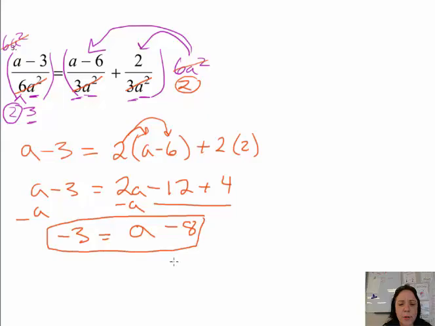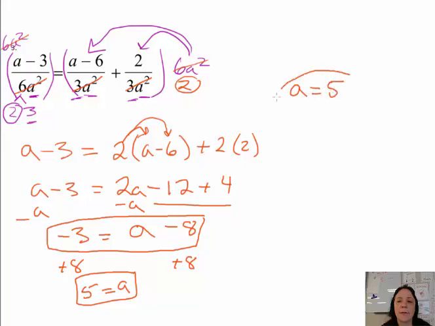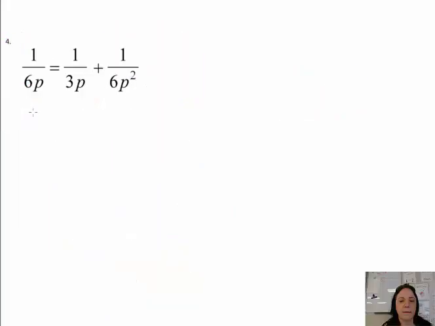So now I want to add 8 to both sides, and I'm going to get 5 is equal to a, and there's my answer. Or, if you like, I can use the reflexive property and write a equals 5. That's problem 3. Let's go on to problem 4.